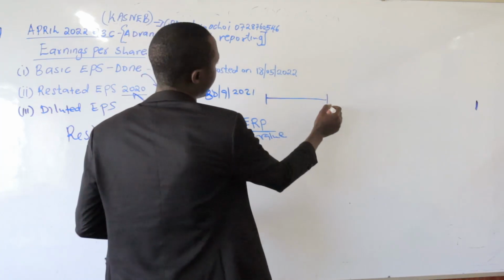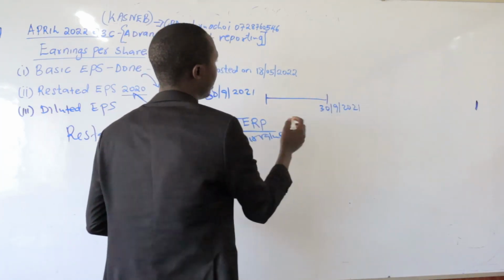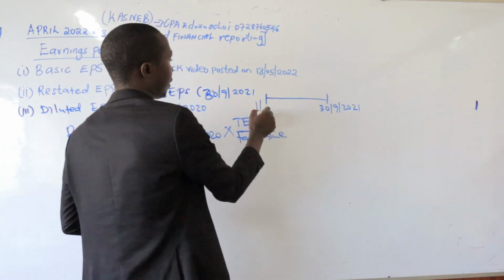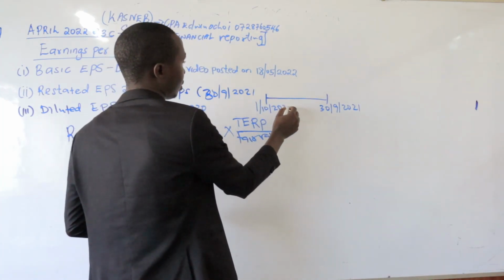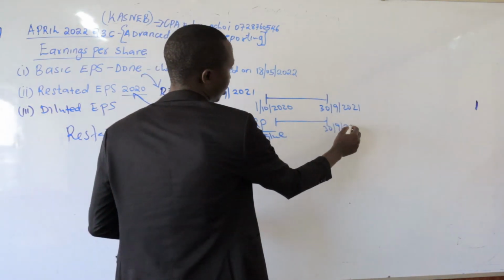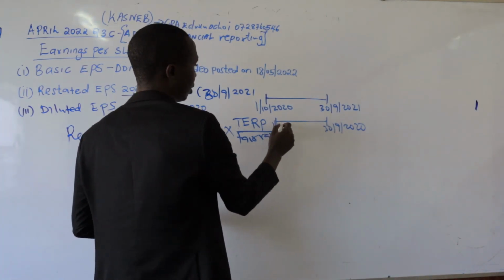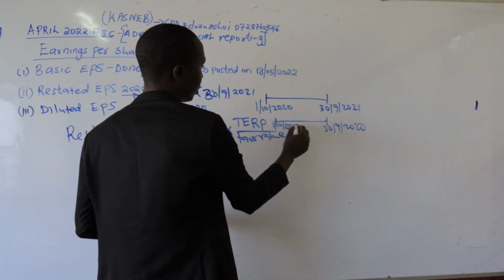So we have 2 years here: the one ending 30th September 2021, which starts on 1st October 2020, and the previous year ending on 30th September 2020, which started on 1st October 2019.